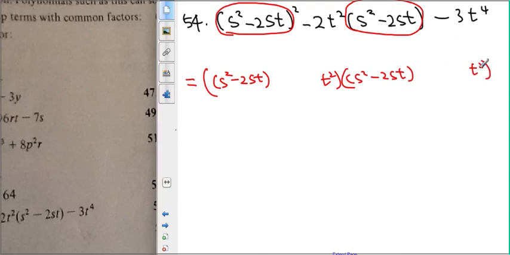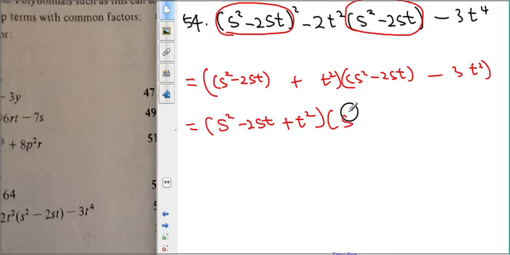But somehow some of these have to have coefficients that are factors of negative 3 and add up to negative 2. That's possible by having negative 3 here and positive t. Then in fact, you will realize that we just have another two expressions here. We have s squared minus 2st plus t squared. Notice 1, 2, 1 with a negative sign in the middle. This is another perfect square.